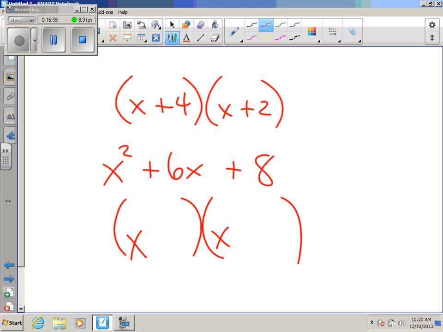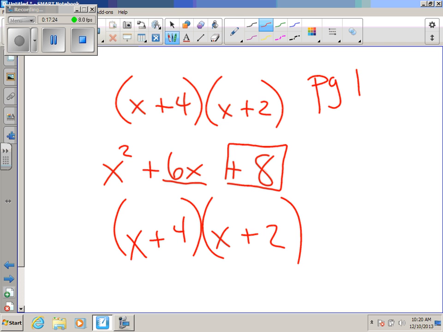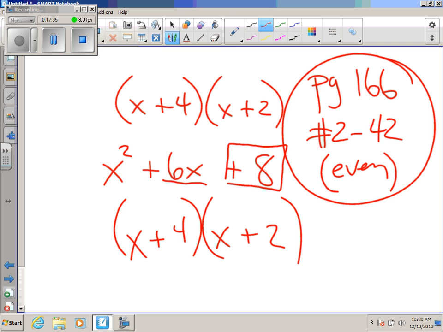Hence the x squared. Okay. Now what you look at is factors of 8. Factors of 8. Then when you add them together, give you 6, 4, and 2. Right? So we'll get to all that, but for now, make you FOIL experts. Okay, lots of practice. 2 through 42 even. You know what they say, drill and kill.